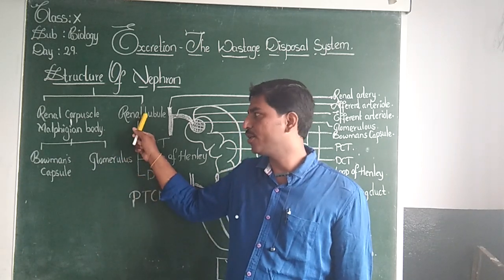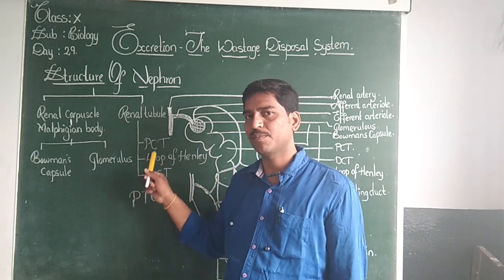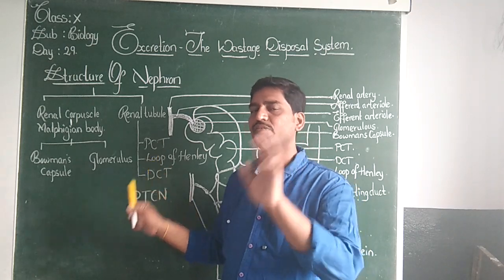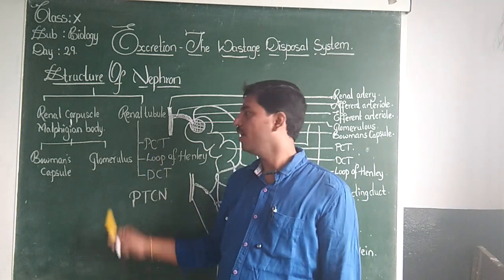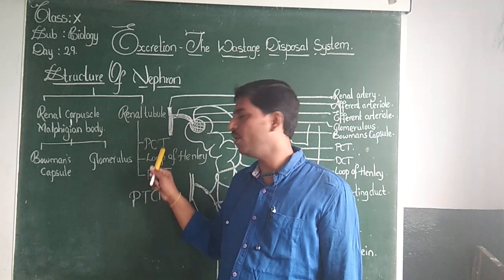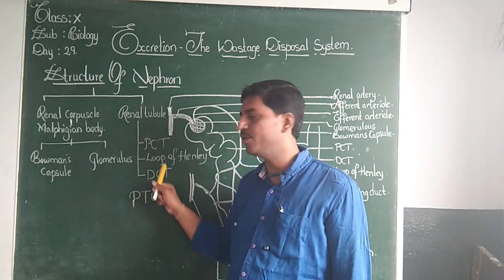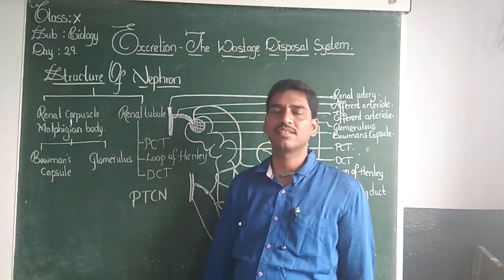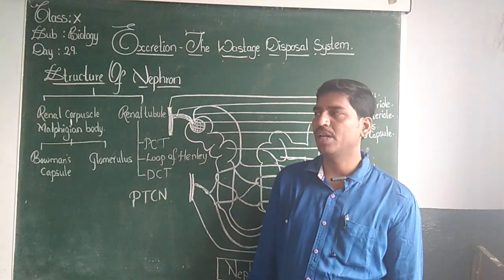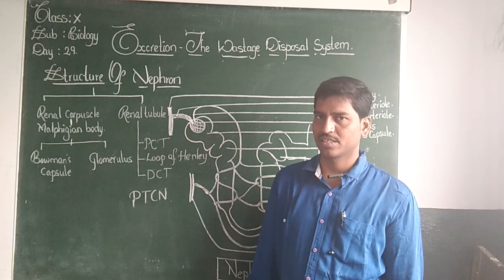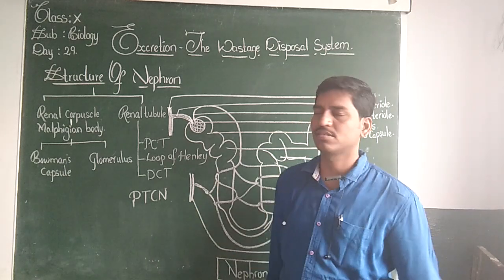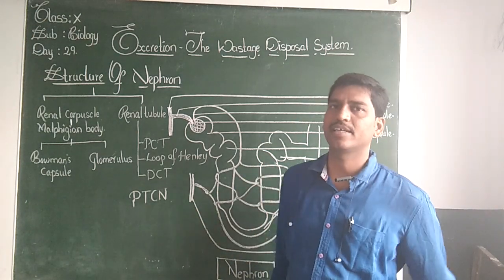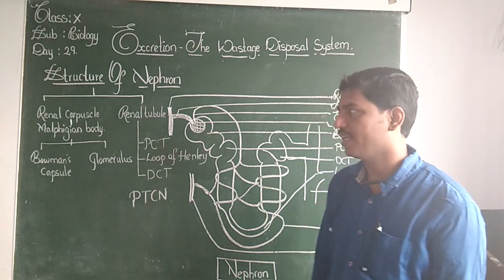The renal tubule is divided into three parts: the proximal convoluted tubule, the distal convoluted tubule and the loop of Henle. And the whole thing is surrounded by the peritubular capillary network. Alright, now let us look at the structure of this nephron in detail.